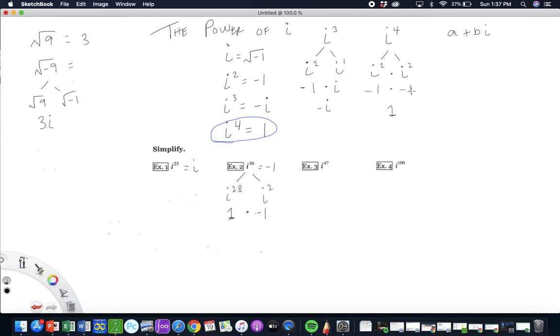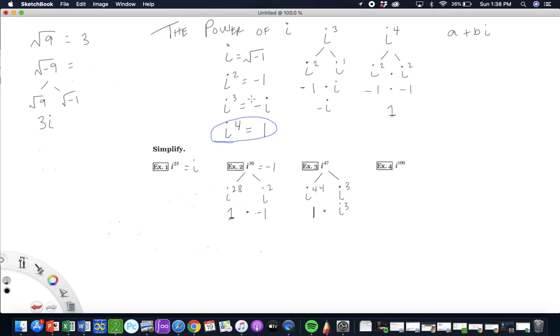My whole goal here is to look at multiples of 4. Let's take this one. What's the closest multiple of 4 I can get to? In this case, it would be 44, because 4 times 11 is 44. So I write i to the 44th, and what would be left over? 3 would be left over. I know that i to the 44th would be just 1 times i to the 3rd.